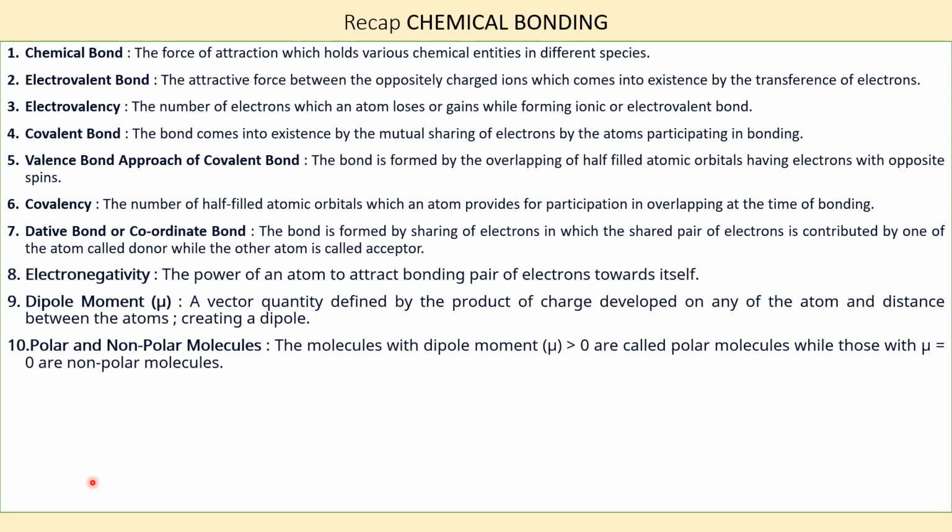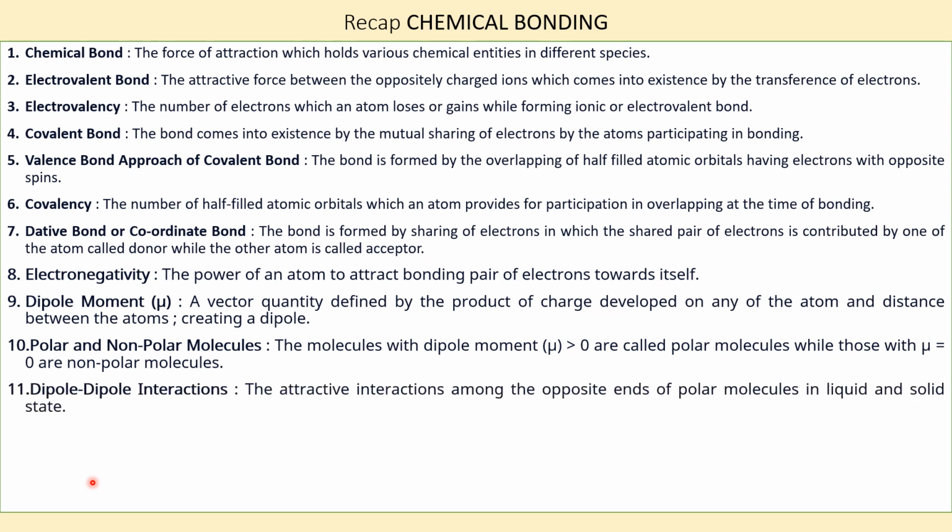Polar and nonpolar molecules: molecules with dipole moment mu greater than 0 are called polar molecules, while those with mu equal to 0 are nonpolar molecules. Dipole-dipole interactions: the attractive interactions among the opposite ends of polar molecules in liquid and solid state are called dipole-dipole interactions.